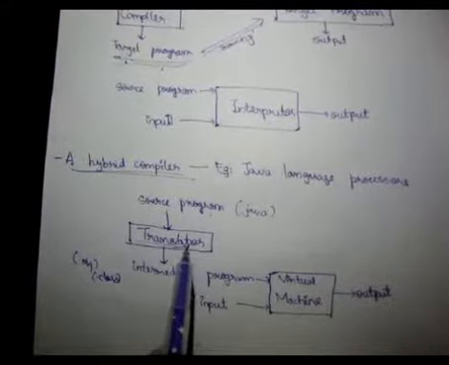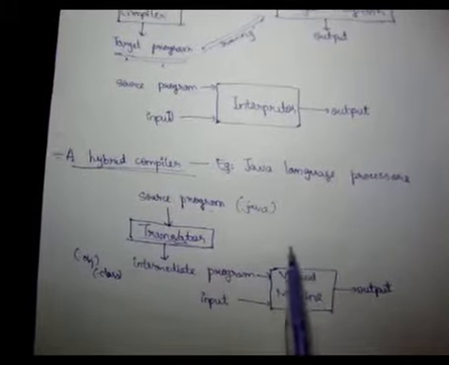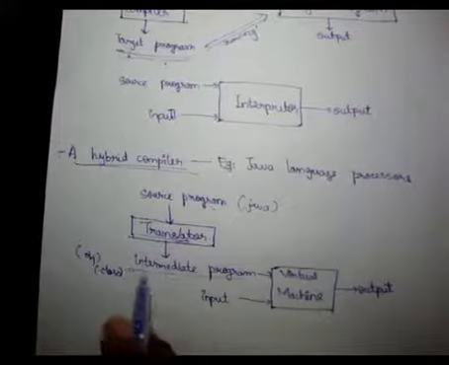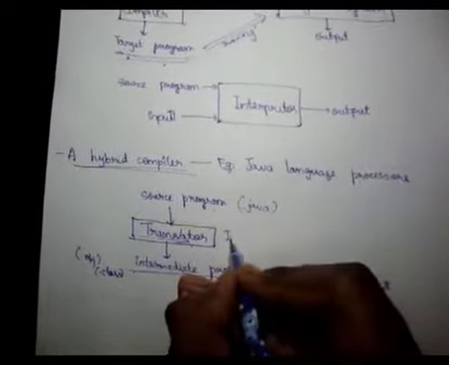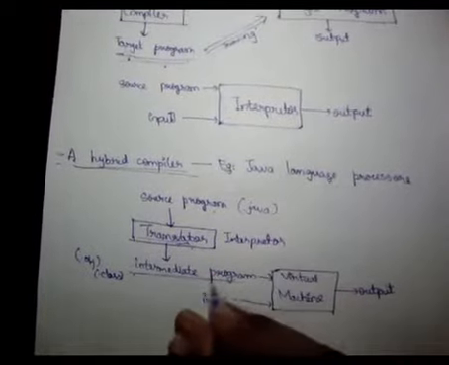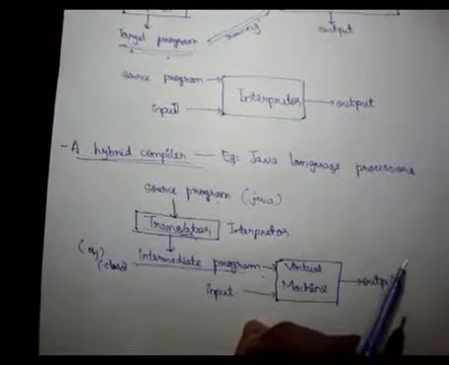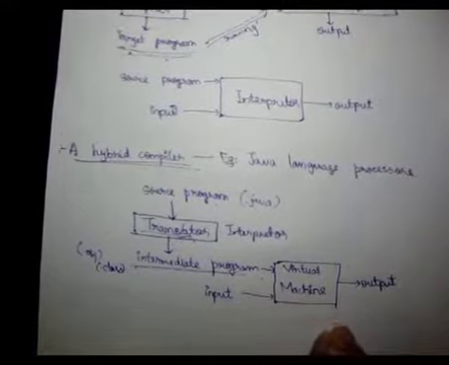It's a mixture of both compilation and interpretation. First we get the byte codes or intermediate program from the translator, this is the interpreter, and then we give these byte codes and the input together to the Java virtual machine.